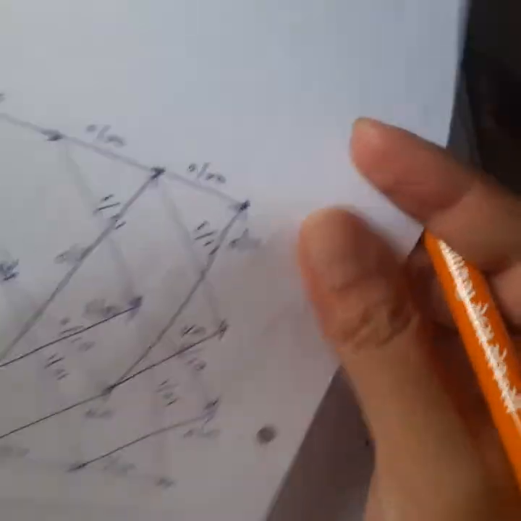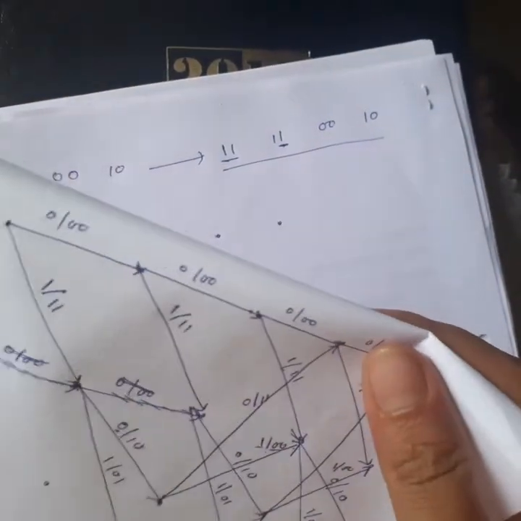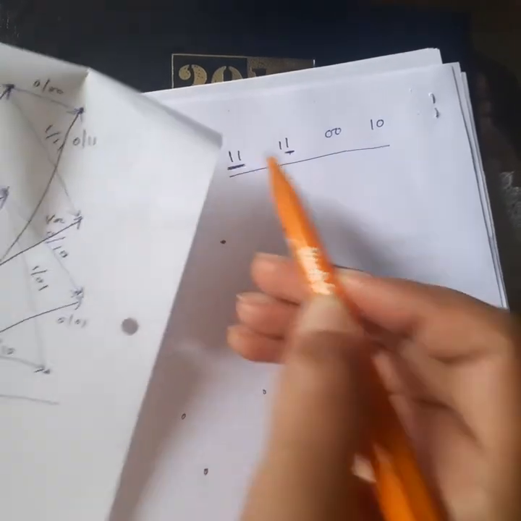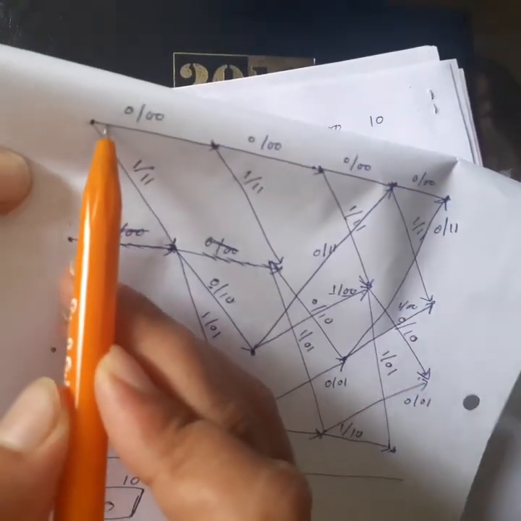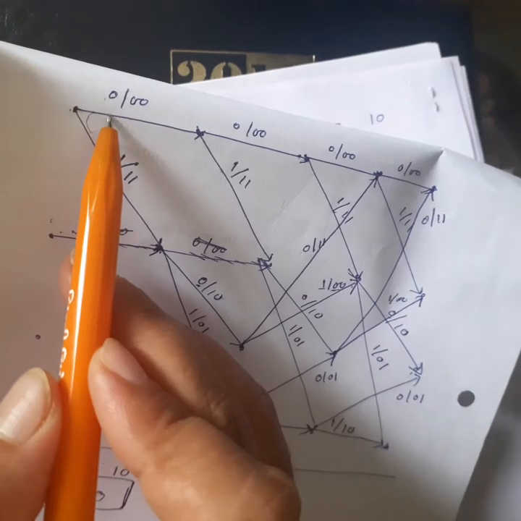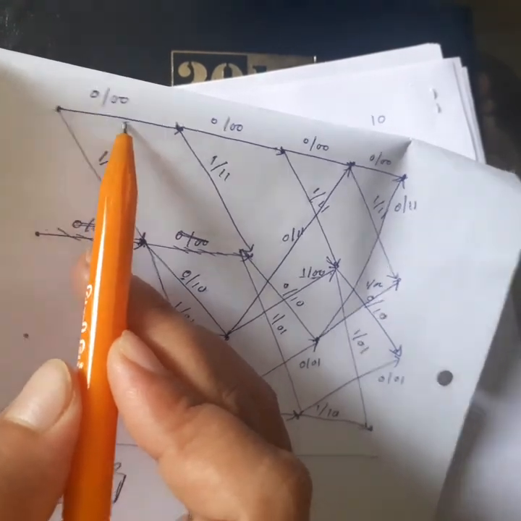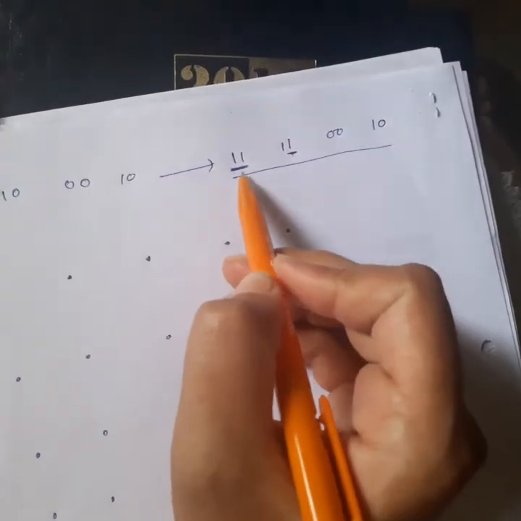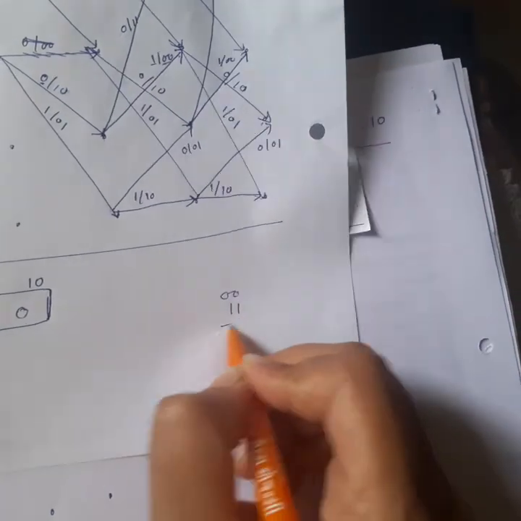Now you can see from this trellis diagram that if I want to retrieve 11, right? If you are providing 0 as an input, the output would be 00. So if you compare this 00 with what the receiver has received, which is 11, 2 bits are different.